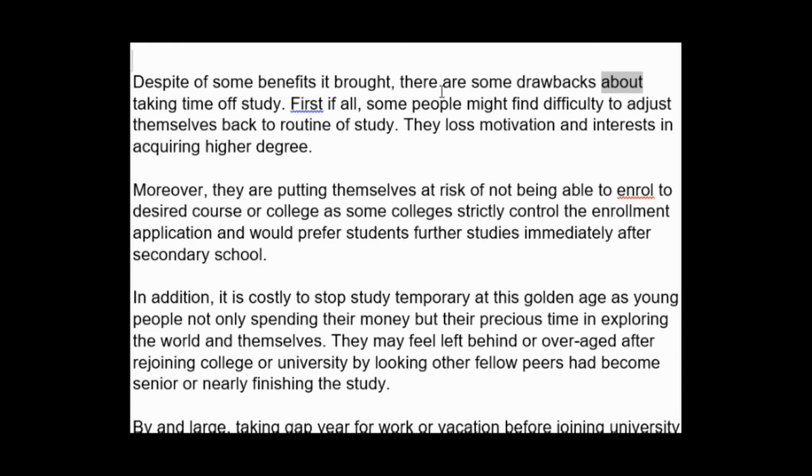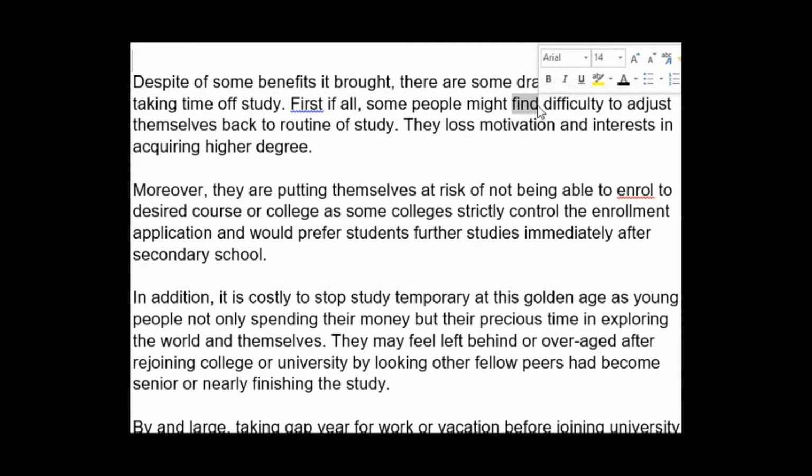But okay, it's understandable. Okay, again, we have this mechanical first if all. I'm sure this is just a typo. That should be of. First of all, some people might find difficulty to just find difficulty. Difficulty doesn't go with the verb find. Difficulty does go with the verb experience.